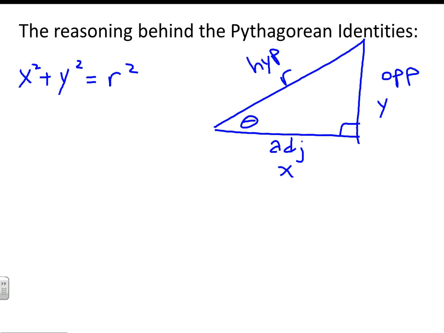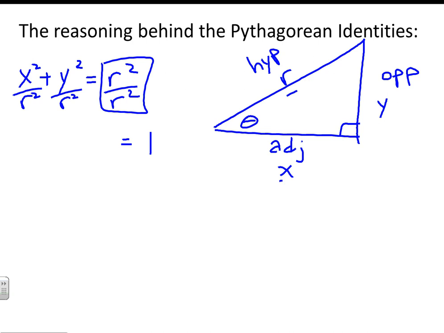But trig functions are ratios of x, y, and r, or opposites, hypotenuses, and adjacents in SohCahToa land. So what if we divide everything by r squared? If I do that, of course, r squared on r squared becomes 1, but x on r is adjacent on hypotenuse.